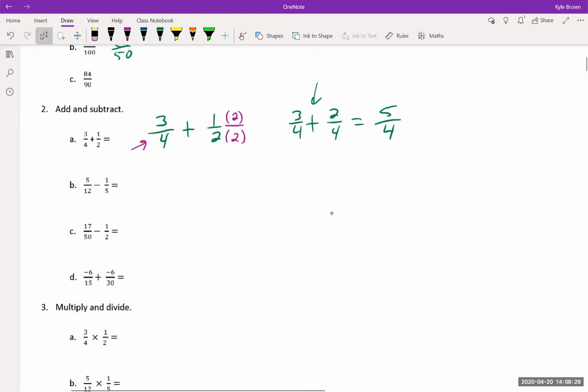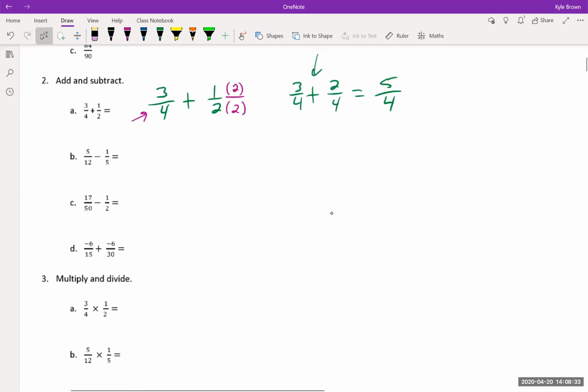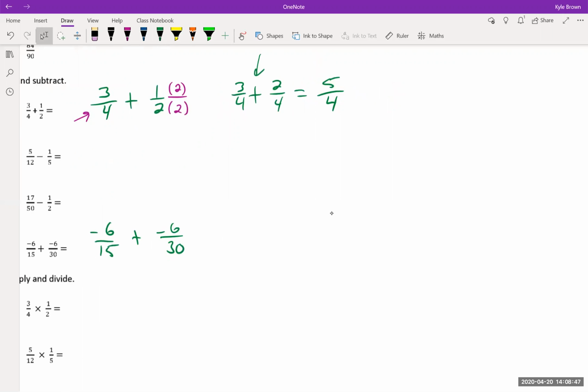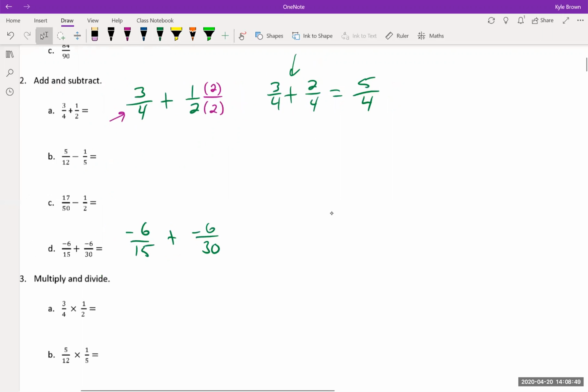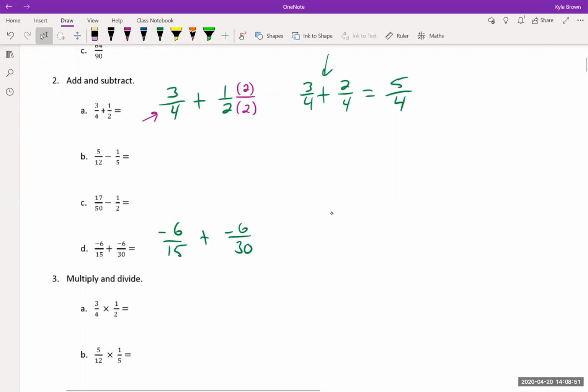Okay, I'll do one more just for good measure here. Let's do the bottom one. So we've got negative 6 over 15 plus negative 6 over 30. All right, so they just really need to be the same denominator, right? These are already kind of bigger numbers. It actually might be easier, well, we can do it either way.